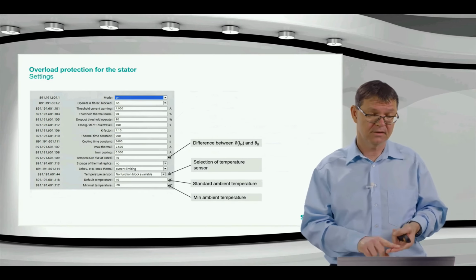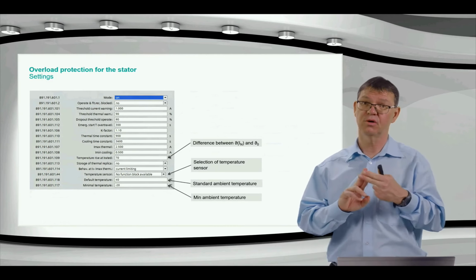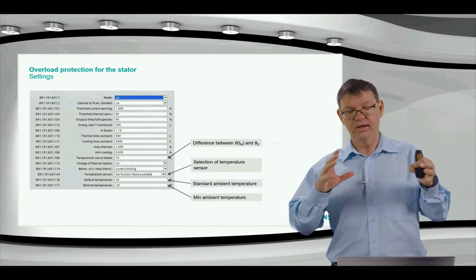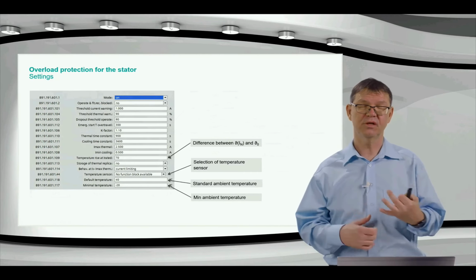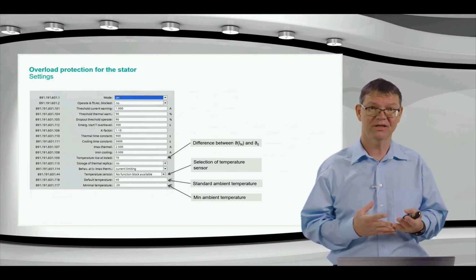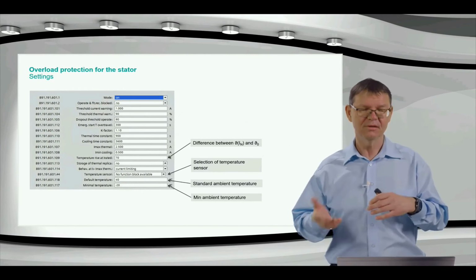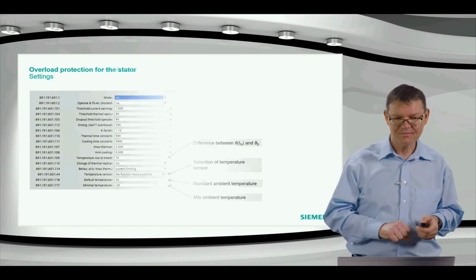Next time, if you like, I will talk about the protection of the rotor. We use a similar model here, but the input data is different, which we can get from the motor manufacturer, so it remains interesting, I would say.